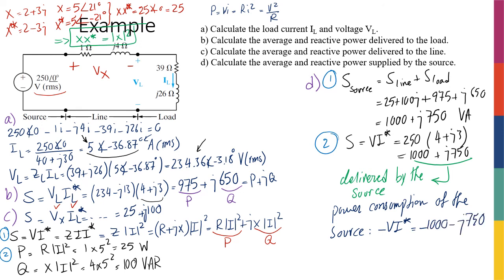This is just to avoid any kind of confusion, because from chapter 1 you remember that we checked the power balance. We made sure that the addition of all the power consumptions is equal to 0 in a circuit, and since we have the consumption at the load and the line, the consumption of the source becomes negative if you remember those V and I directions. For this case, because the current is coming out of the positive terminal, the power consumption for the source is going to be negative V I conjugate, and that's why you get a negative number. If you add this with the power consumed by the line and the load, you will get 0, so therefore you get the power balance.